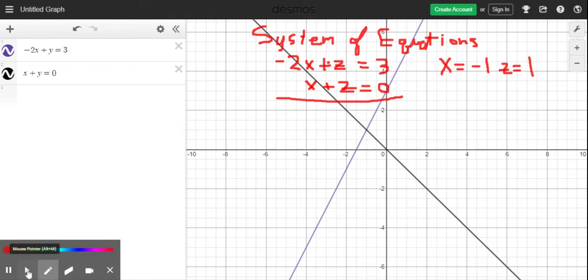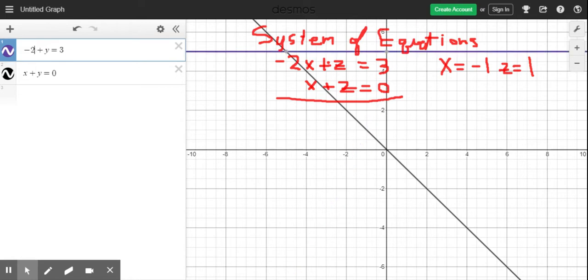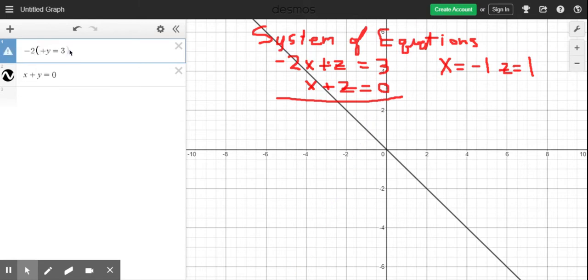So we'll put this into Desmos. I'm going to replace that x with a negative 1, and I'm going to replace z with 1. And you can see that that equals 3. 3 equals 3. So it is a solution.